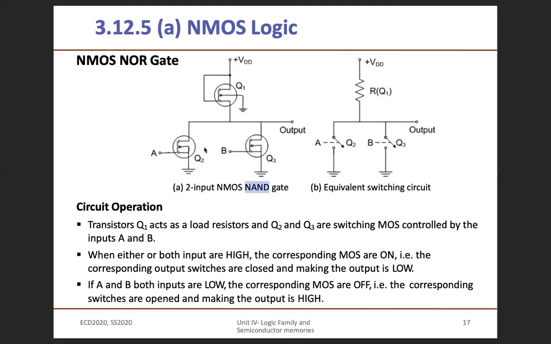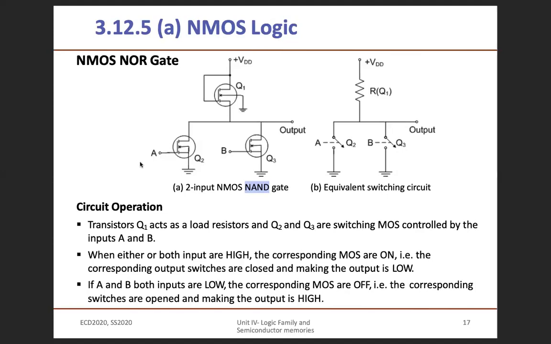Now, for example, if you give A equal to 1 and B equal to 0, this one will be an open circuit and will turn off. This one will be a closed circuit because you are giving high. Therefore, your output is connected to ground.